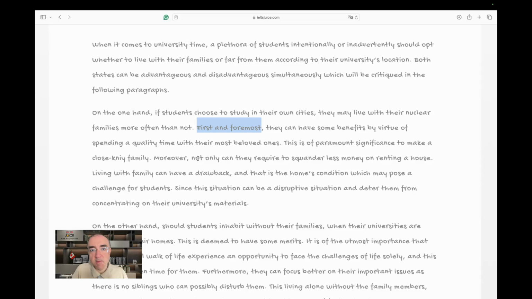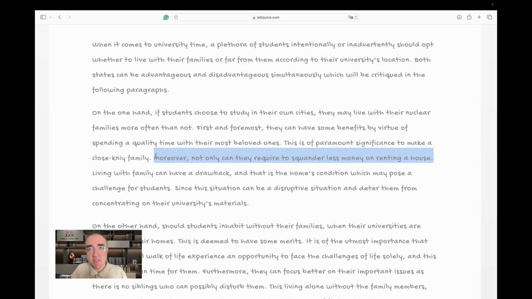The second positive, they are required to spend less money. However, this is not a sentence, this grammar. Moreover, not only can they be required to squander less money on renting a house, but also they blah, blah, blah, but that part is missing. So this is bad. The grammar already goes to 6. This is damaging.